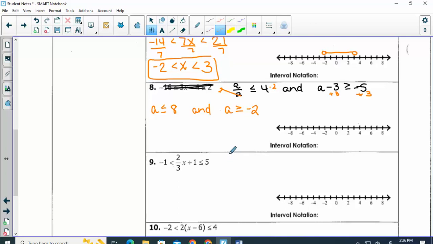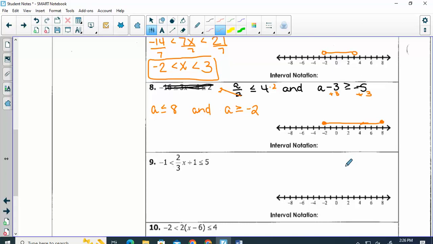Okay, I know it's an and, so it should be in between these numbers. Let's see what happens. So less than or equal to 8, that would be a closed circle at 8 and going which way? Because it's smaller than 8. A is greater than or equal to negative 2 would be a closed circle at negative 2 going which way? To the right.